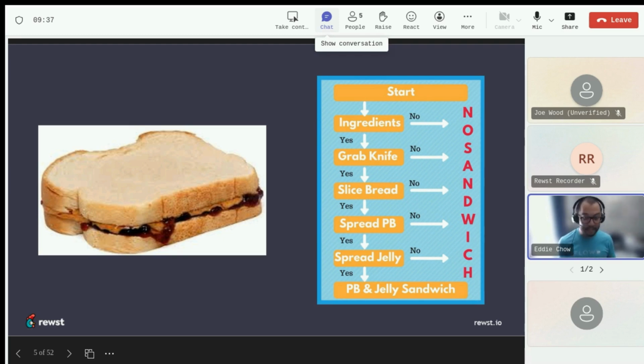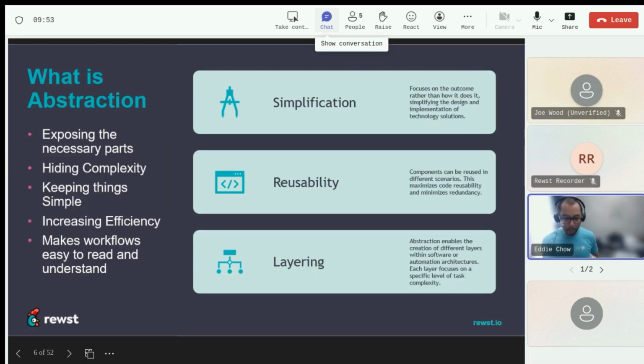All of this has to be detailed out as we build our things. But that doesn't necessarily mean we need to show or reveal all of those things in the workflows that we end up building as parent workflows. So all of that to sum up, what is abstraction, right? We only expose what is necessary.